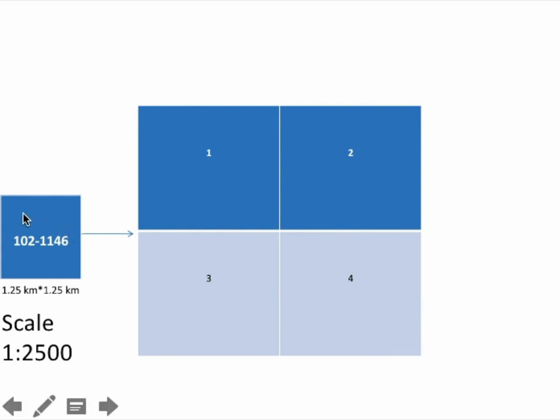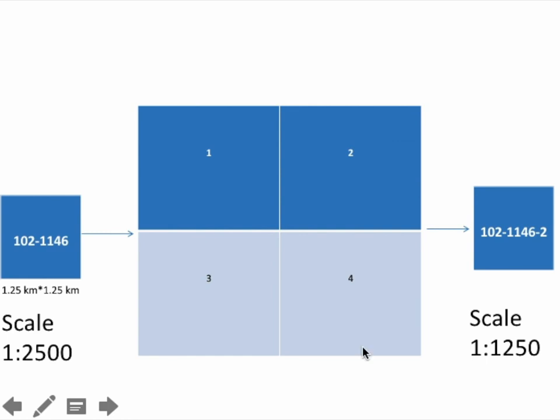That particular blue cell is further divided into 4 parts, and it will be written in such a fashion: 102, 1146, and if it lies in this one, then 2, and it is in scale 1:1250, and its area will be 625 square meters on the ground.